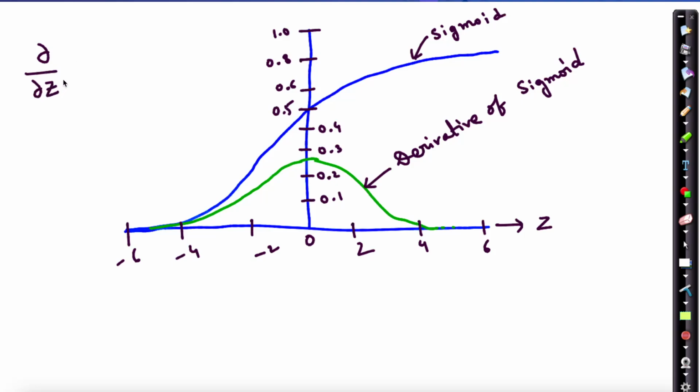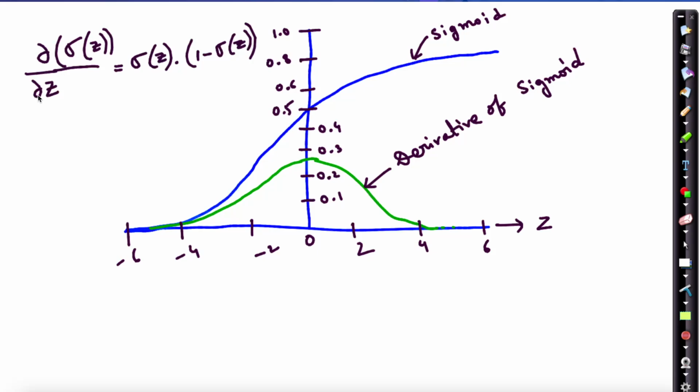If we find the derivative of this particular sigmoid with respect to z, it is nothing but sigmoid of z multiplied by 1 minus sigmoid of z. So this is the derivative when it comes to sigmoid.